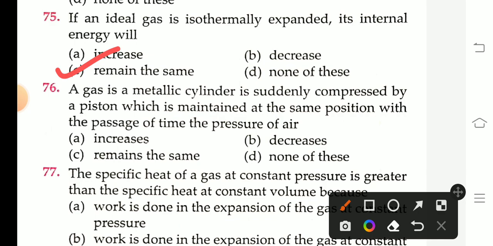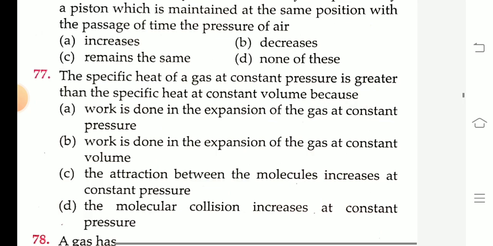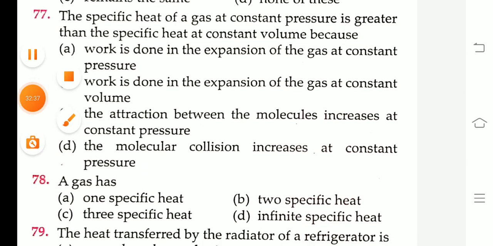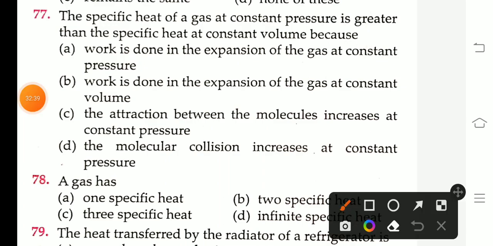Right answer will be option B. Next, the specific heat of a gas at constant pressure is greater than the specific heat at constant volume because. Right answer will be option A. Work is done in the expansion of the gas at constant pressure.